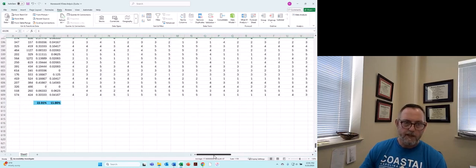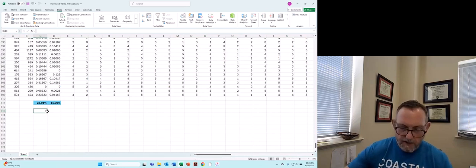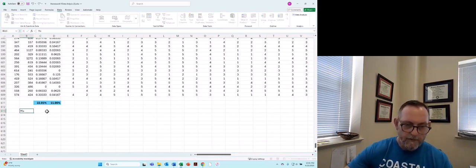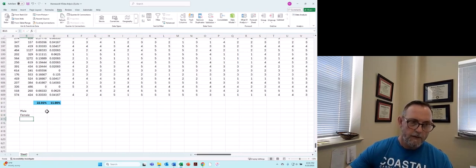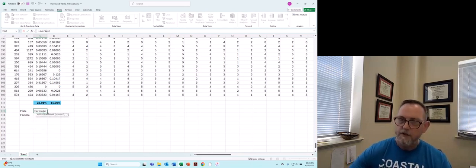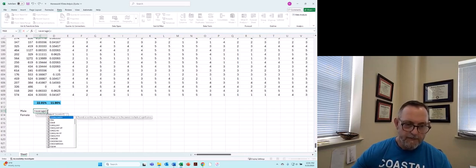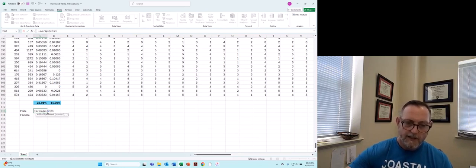So what we can do here is label male and female, and we can do equals average. We know this is going to be column C, from C2 to C196.